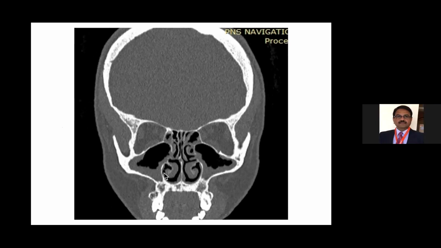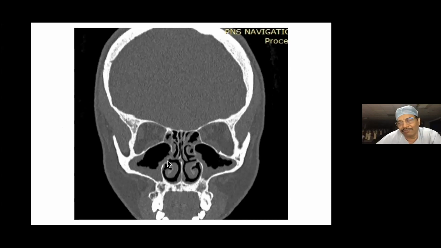A hypoplastic maxillary sinus usually will have the uncinate process very close to the lamina. That is an important point. I will then have a risk to the lamina and orbit, and the uncinectomy and middle meatal antrostomy will be a little difficult for me.